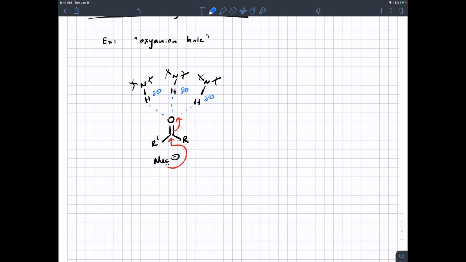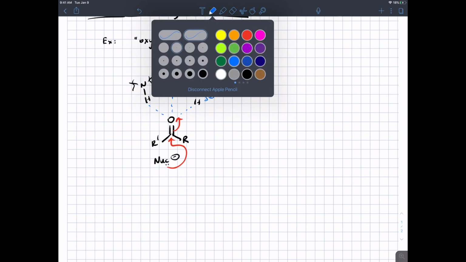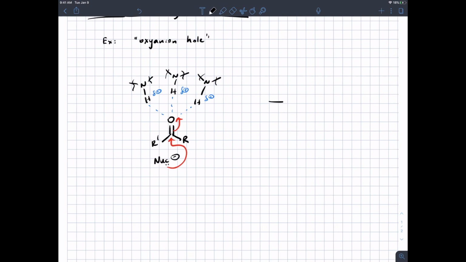Similarly, there are analogs to this even in the lab. So does anybody know how diisobutyl aluminum hydride works? It's kind of weird because it doesn't look like your typical hydride delivery reagent because it's neutral, right?